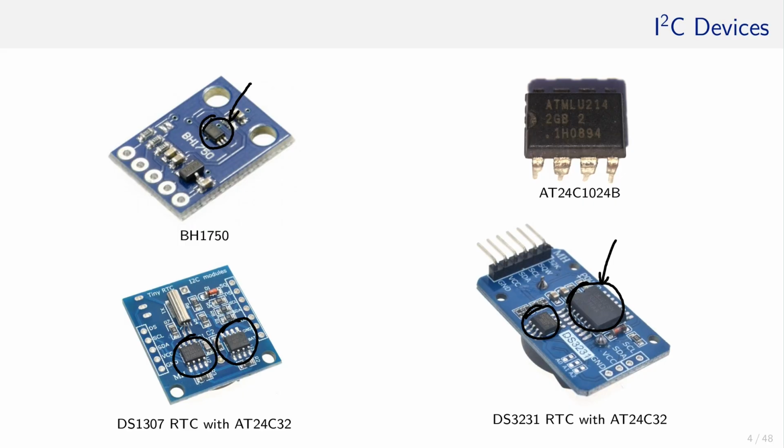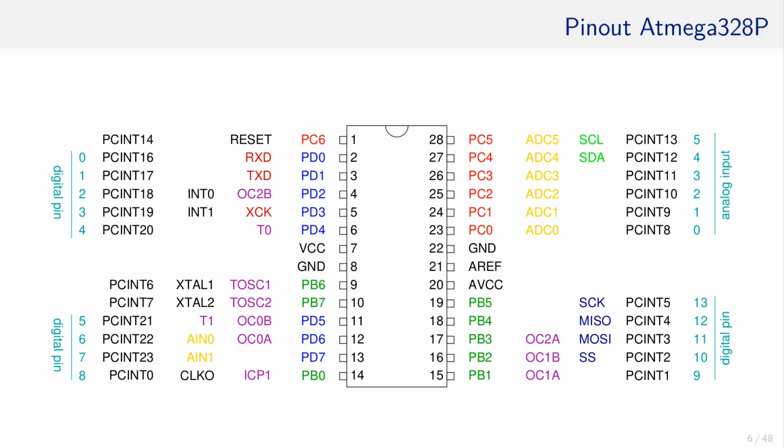So how do you connect the I2C bus? We already handled the RXD, TXD and XCK pins in the previous chapter about UART and USART. So what is left with respect to supported communication protocols are the blue SCK, MISO, etc. and the green SCL and SDA.